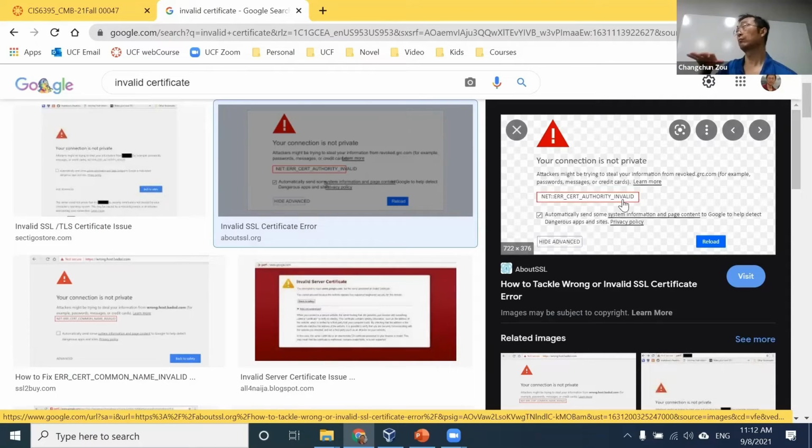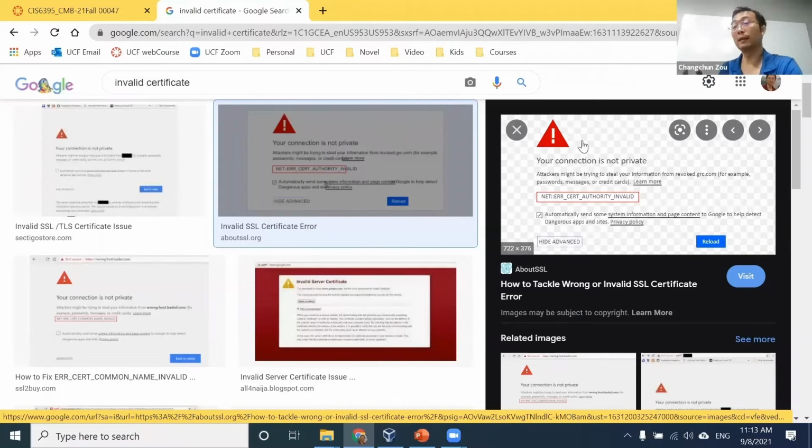With an HTTPS connection, your browser requests a certificate from the web server. The web server gives you a so-called self-certified certificate. The certificate is not encrypted by any CA's private key, so the browser cannot verify the validity of the certificate. So the browser will give you this warning.